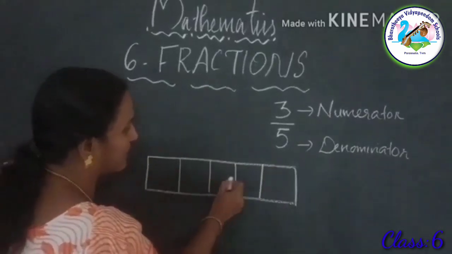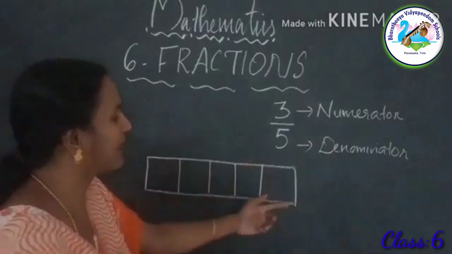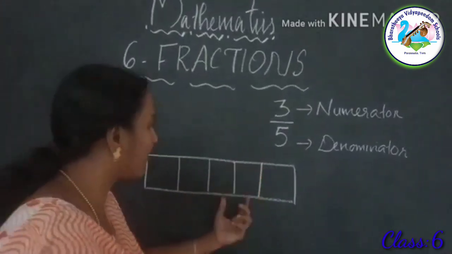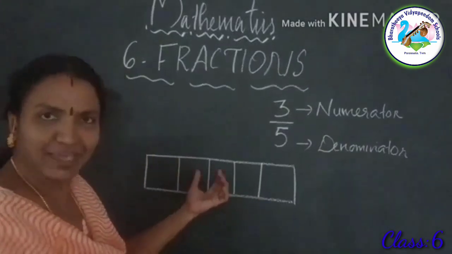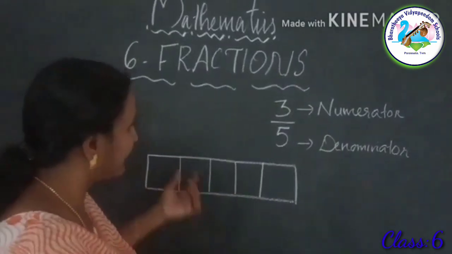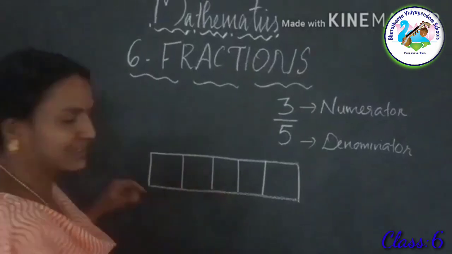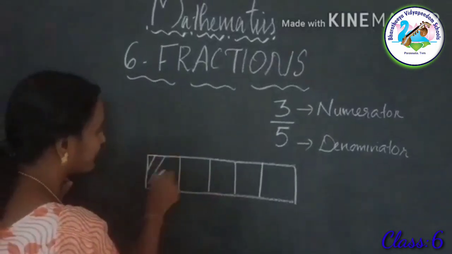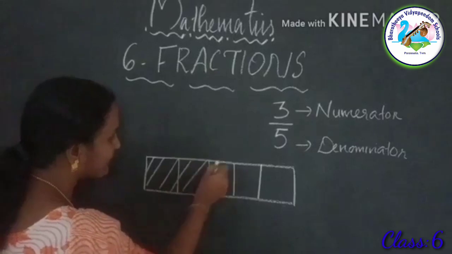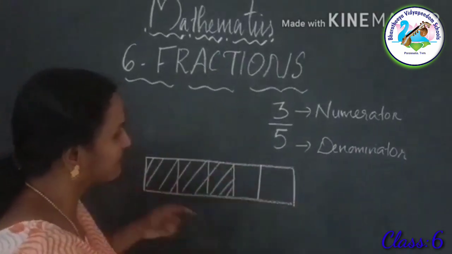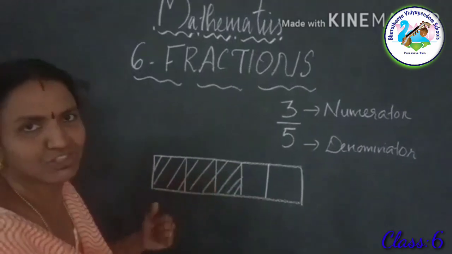Out of 5, 3 parts we have to take. That means the 3 boxes we have to shade.